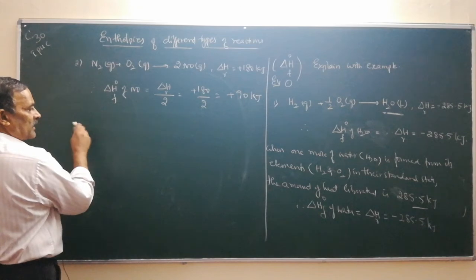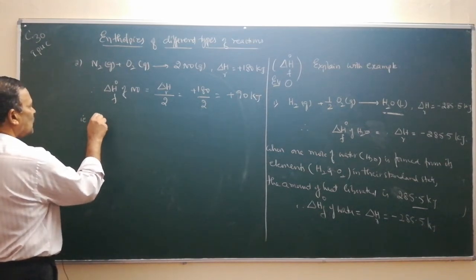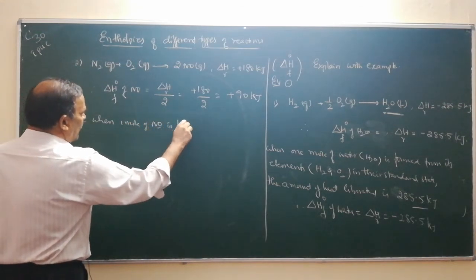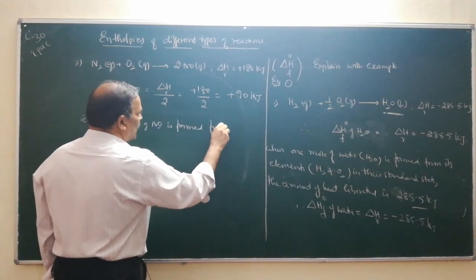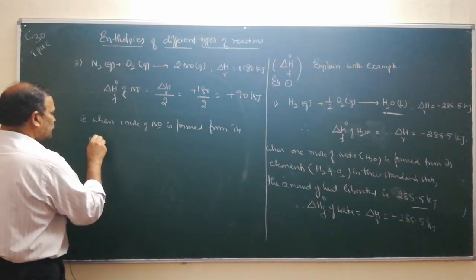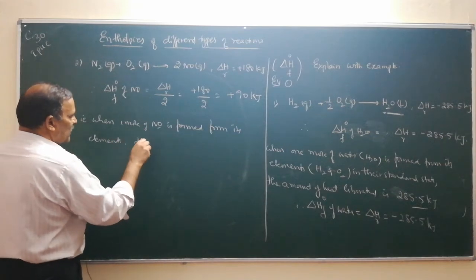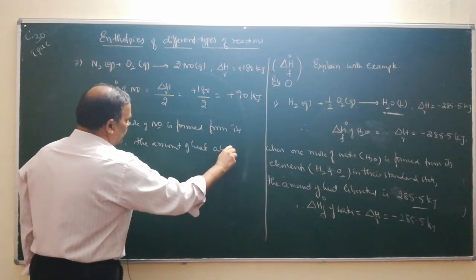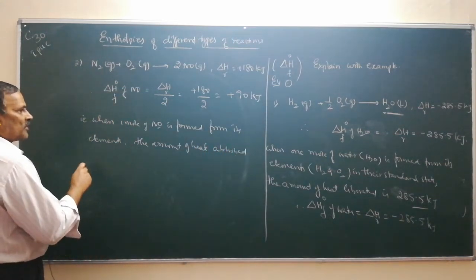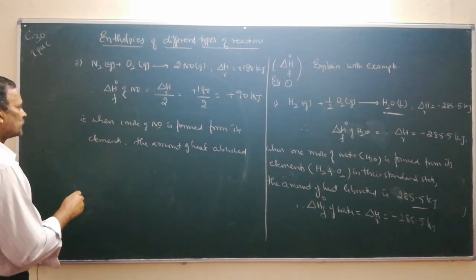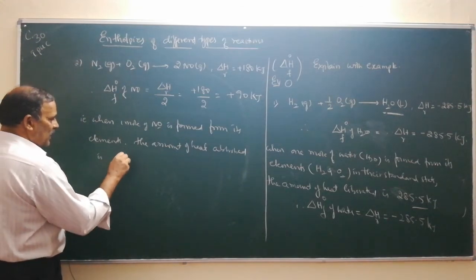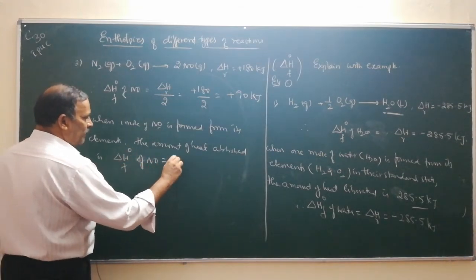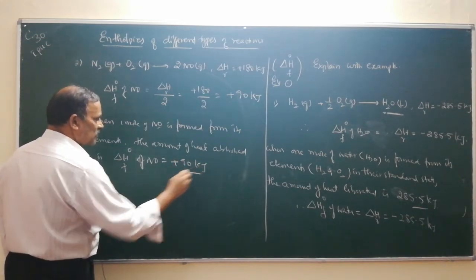So therefore, when 1 mole of nitric oxide is formed from its elements, the amount of heat absorbed is delta HF naught of NO equals plus 90 kilojoules.